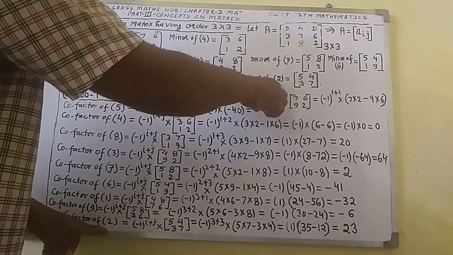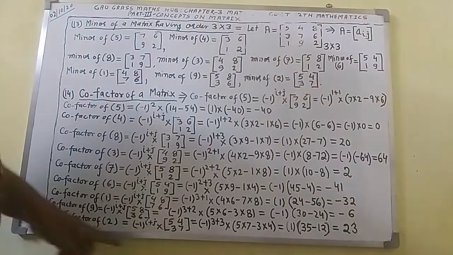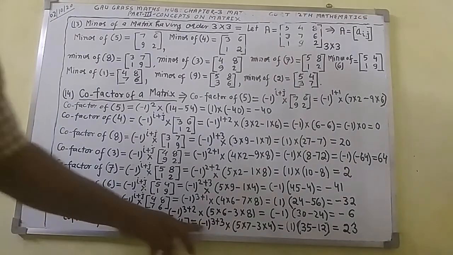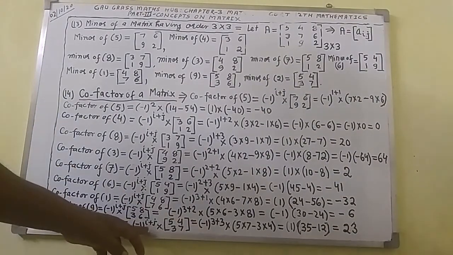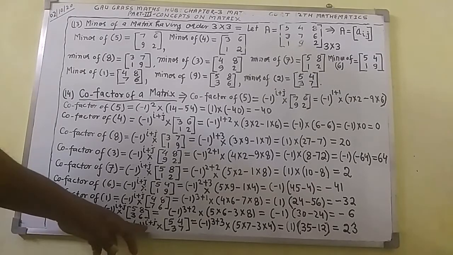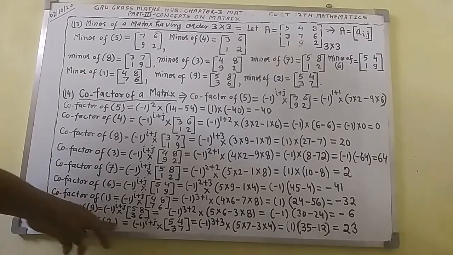The minor of element 2 is 5437. The 5437 I have written equal to minus 1 raised to power i. i represents the row position of element 2.